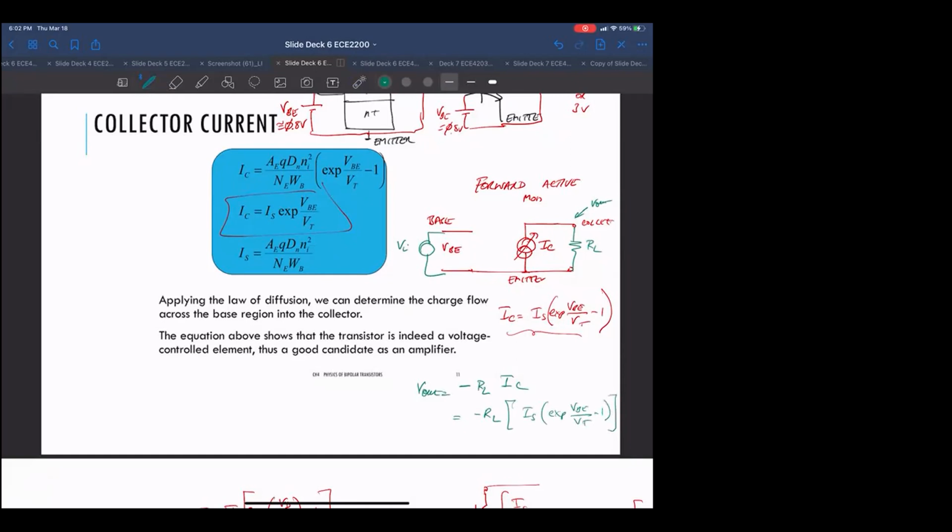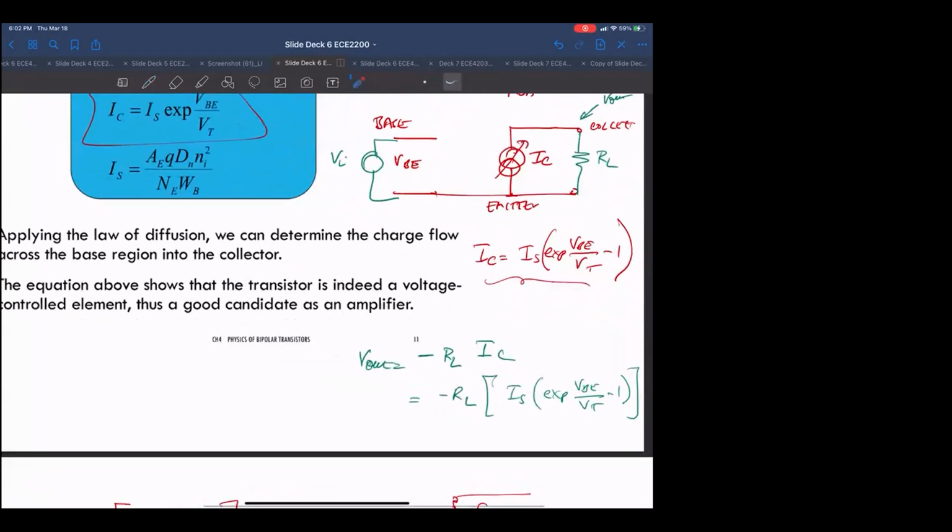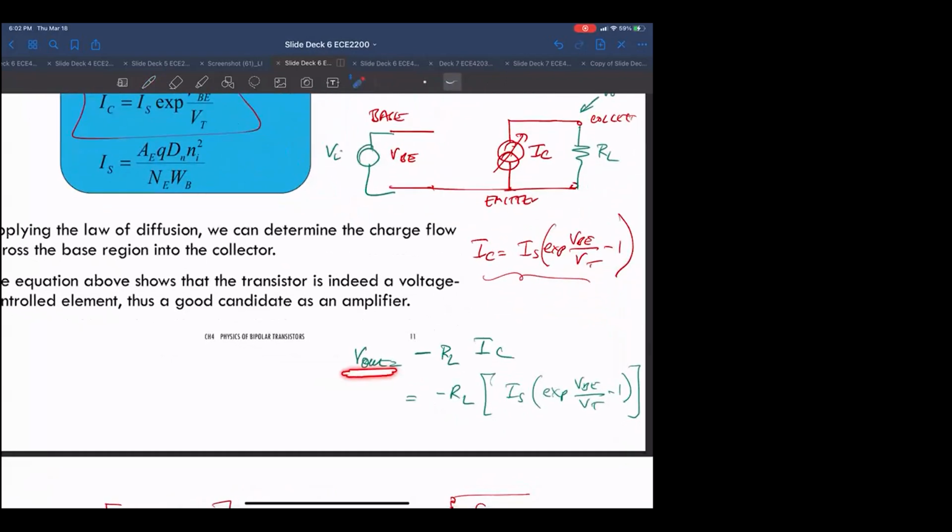And again, think of this as a really powerful thing: this output voltage is being controlled by an input voltage that's totally independent of it. There's an exponential relationship between the input voltage and the current, or this V out now. It's really between the current coming out and the VBE, but because that current is flowing through a resistor, there's an exponential relationship between the input and the output.